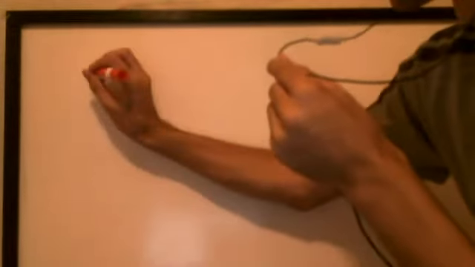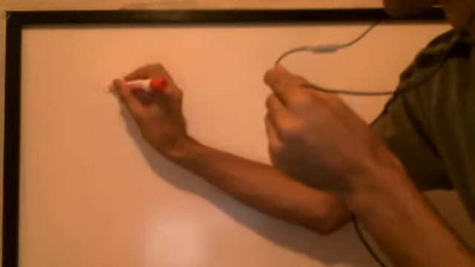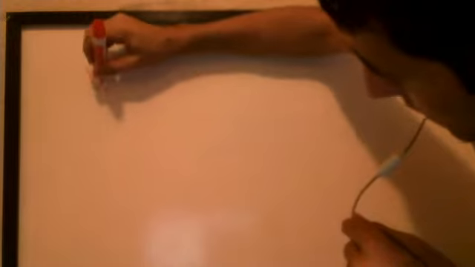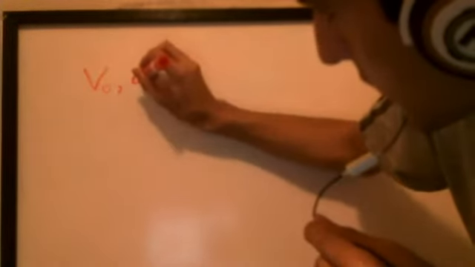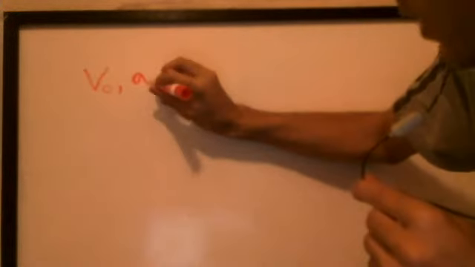Anyway, what you need to know now is the variables that are included in this demonstration. So you know that there's an initial velocity. And you know there is an acceleration pointing in the y direction.